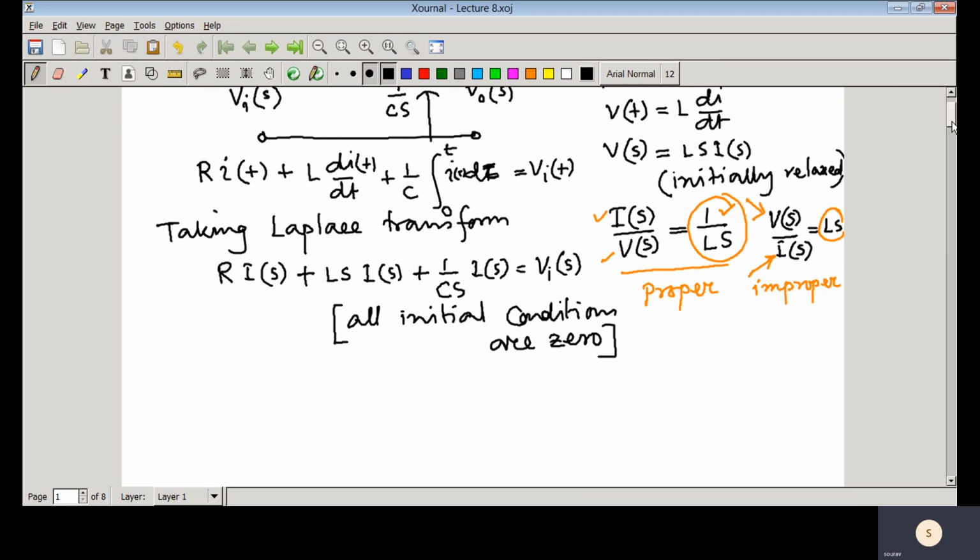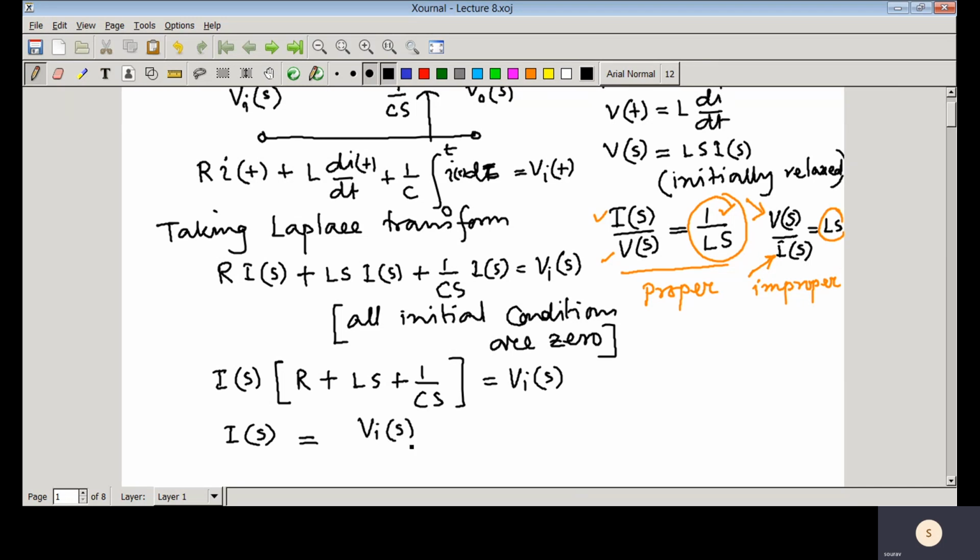Now this is an algebraic equation, so just manipulate it. The current I(s) equals Vi(s) divided by R plus Ls plus 1 by Cs.